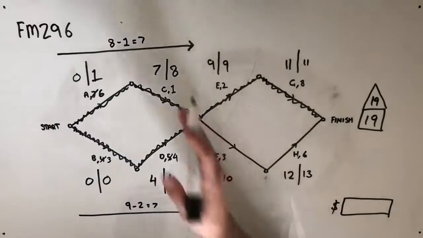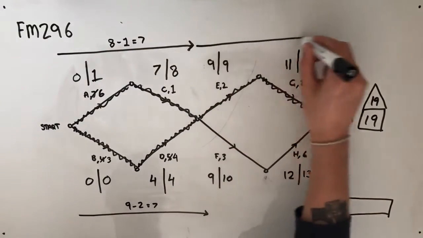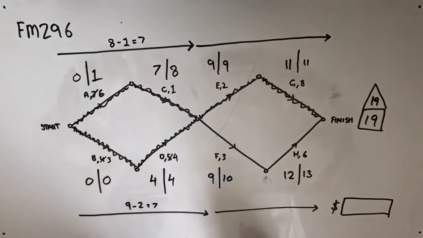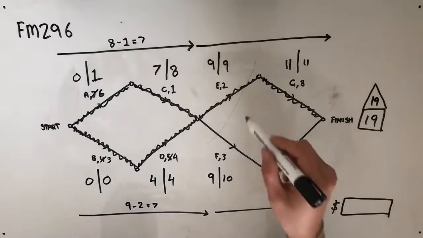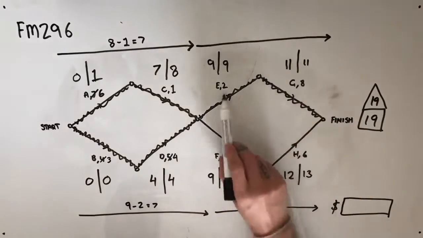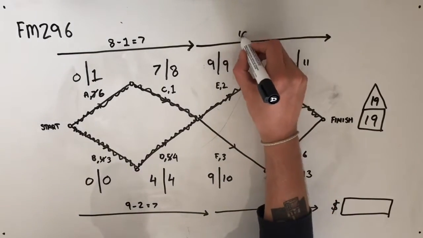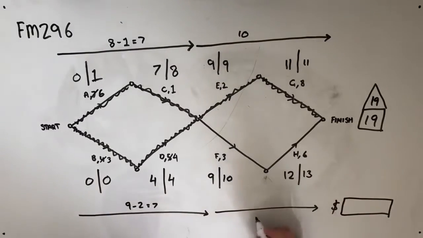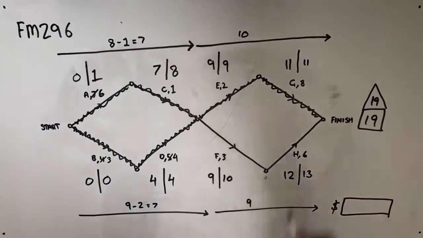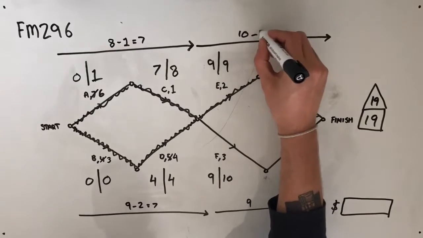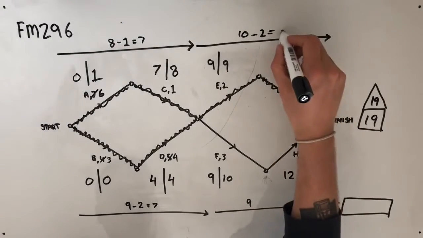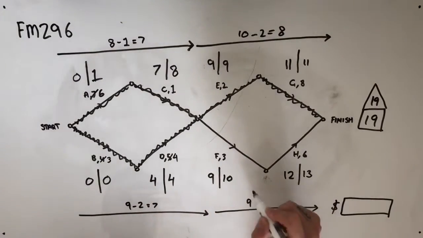Cool. Looking at this next block, we have either E and G together taking 10 days, and we have F and H together taking 9 days. Once again, creating the maximum reduction that we can in this longest path, we can get it down to 8.